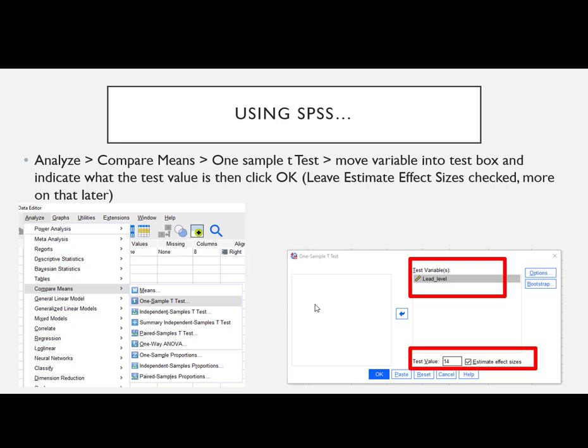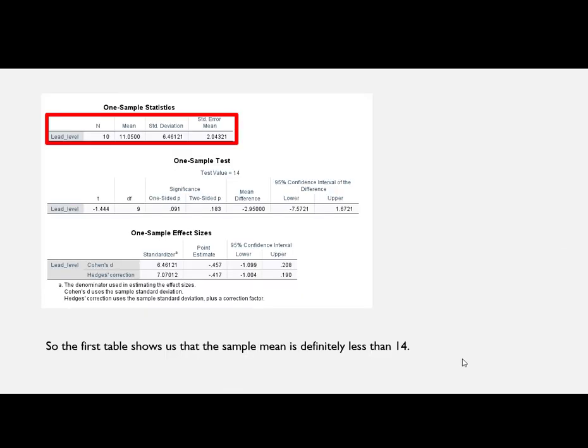This dialog box pops up, and you'll have the variable here, which you click the arrow and bring over. We have the lead level as our test variable, and we're testing against the null hypothesized mean, which is equal to 14. We want to see, is it different than 14? So we put 14 here. This little box is auto-checked. We're just going to leave that alone.